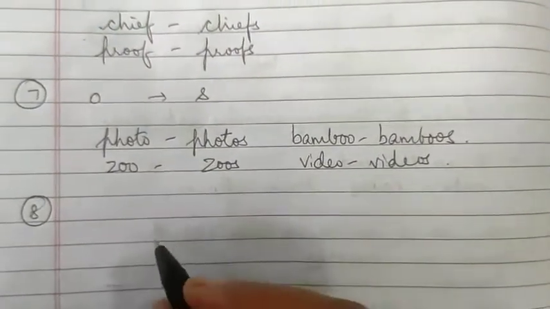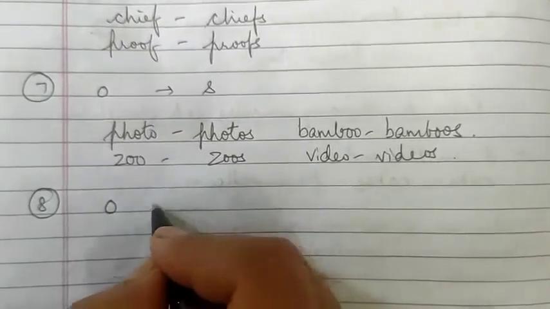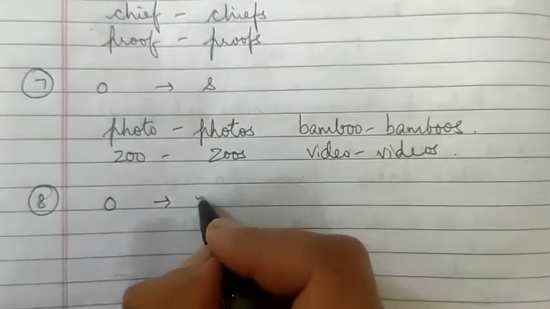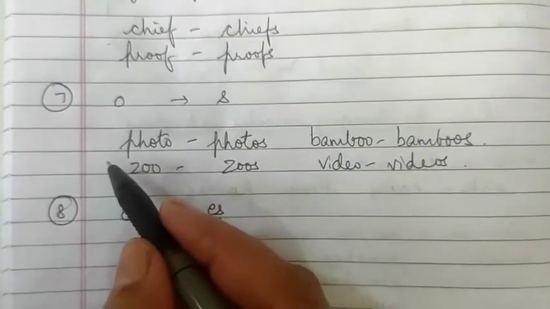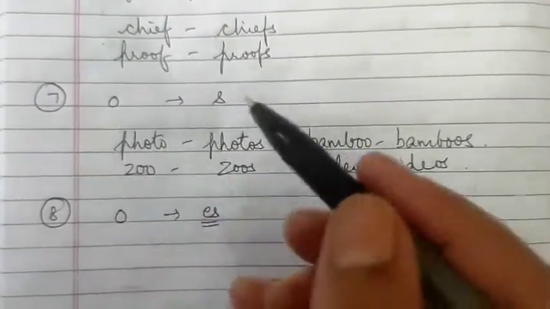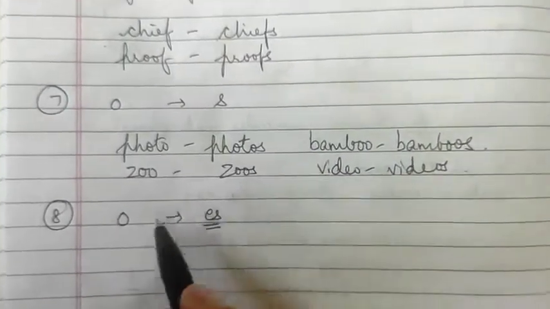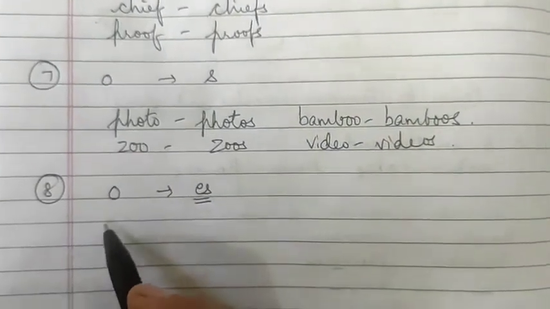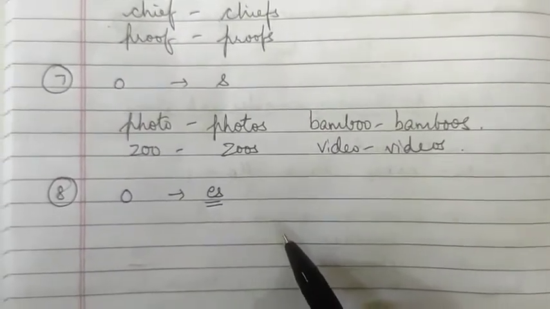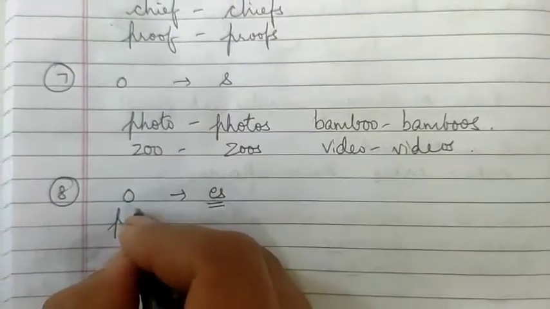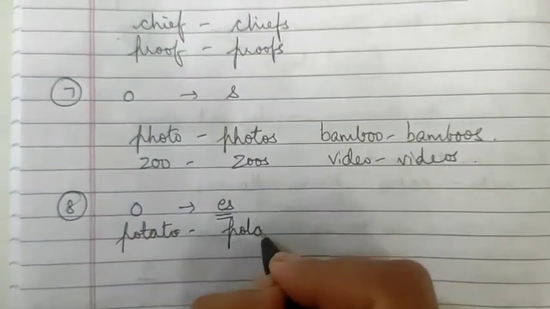There are some singular nouns which end with O, but when we write them in plural sense, we add ES at the end. Before I told that there are some singular nouns which end with O, but we add S to them to make them in plural sense. But there are some words which end with O, we have to add ES to them to change them into plural sense. Like potato. The plural form is potatoes.